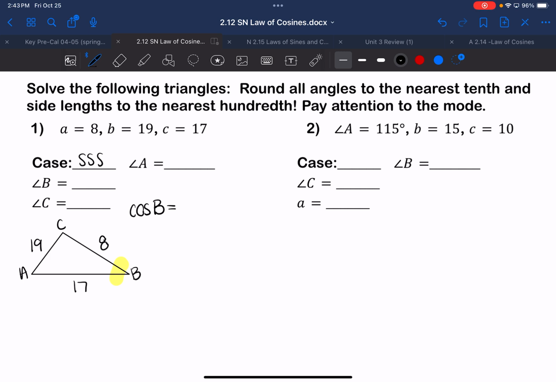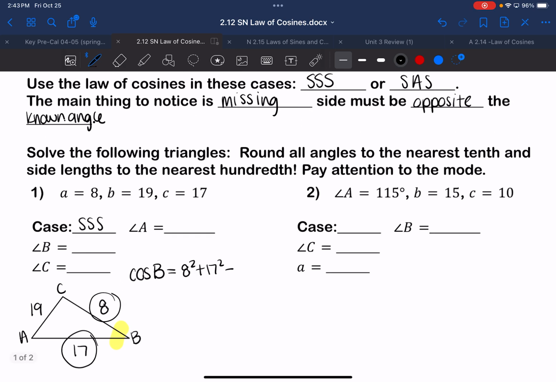So the ones beside your angle are the 8 and the 17, right? So that's like your A and your B, or your first two values here. So you'd have 8 squared plus 17 squared minus that last number, the one across from your angle. Remember up here we said your missing side needs to be opposite of your known angle.